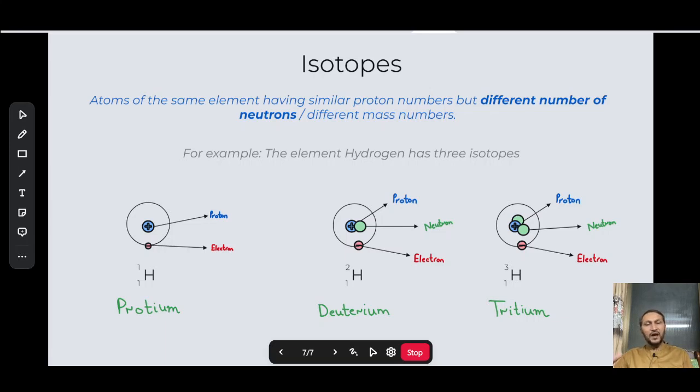The way they react will be similar. But the difference will be in the number of neutrons.